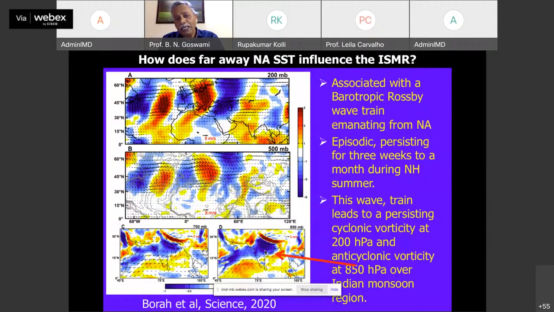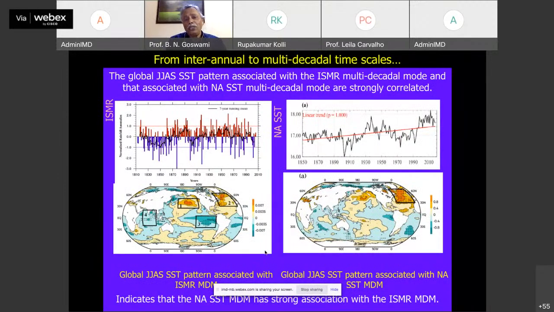They last for about 3 weeks, and then die, and then again produce another event. If there are 2 events in the season, it really produces a major structure like this, and that is essentially what influences the monsoon.